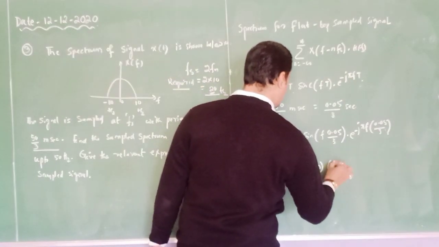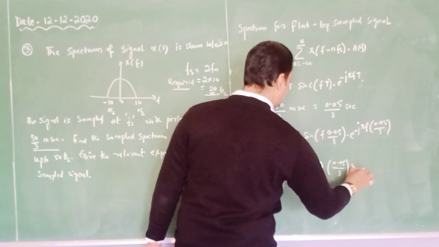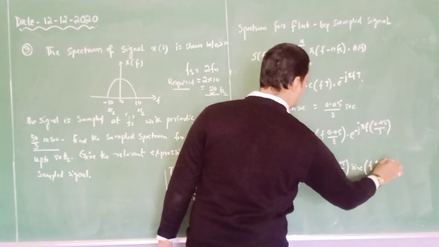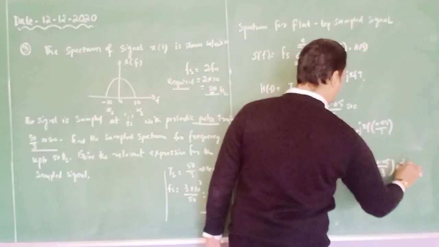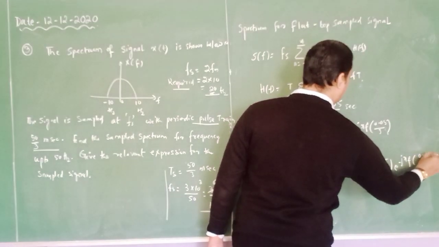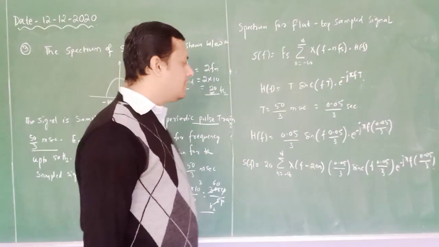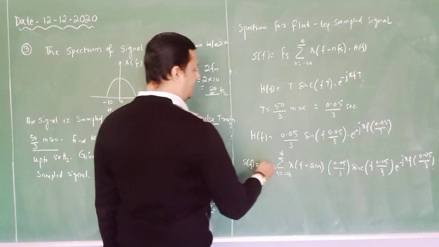H of f is 0.05 divided by 3 sinc of f 0.05 divided by 3, e to the power minus j pi f 0.05 divided by 3. Done.